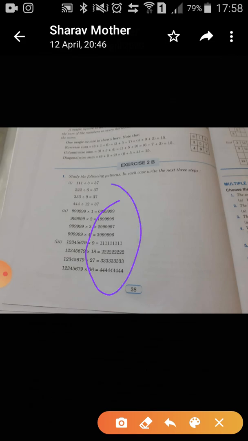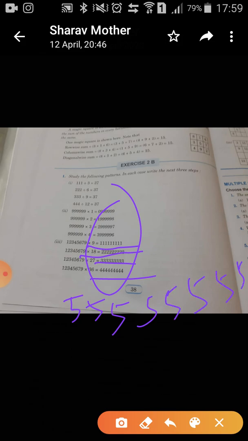Right hand side starts with what? How many ones? 1 2 3 4 5 6 7 8 9. 9 ones, then 9 twos, then 9 threes, then 9 fours. Yes, so your next step will have 9 fives, 5 5 5 5 5 5, and then 5 5 5.